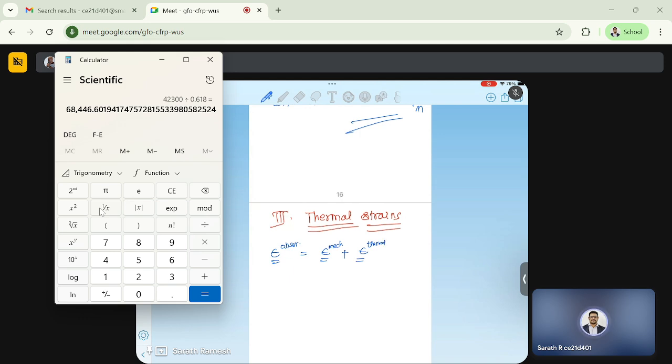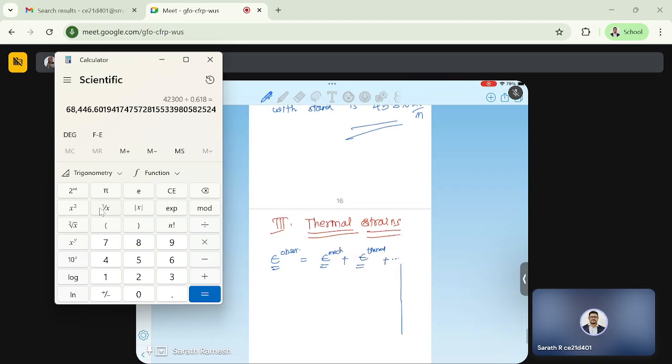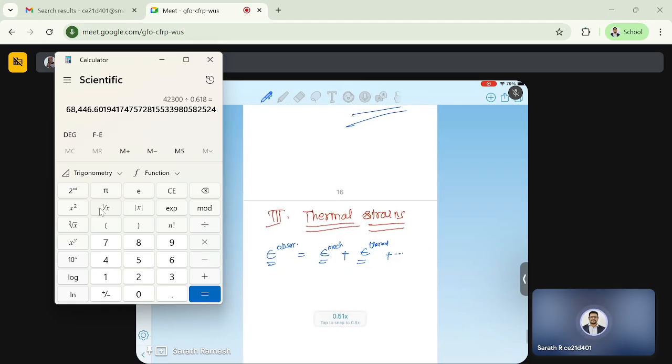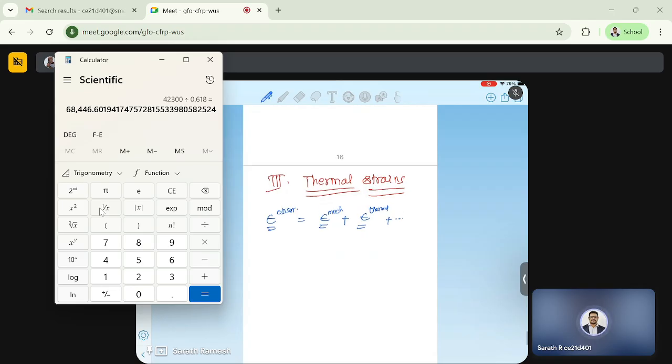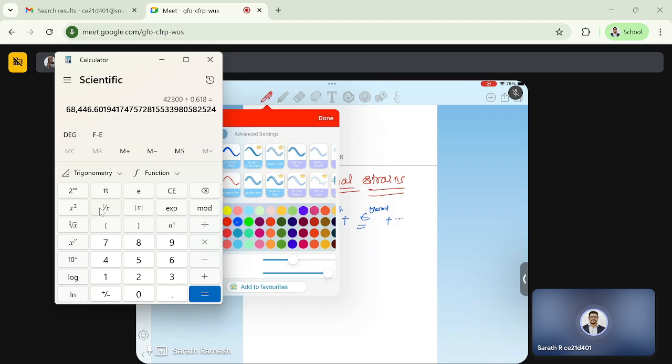And a lot of other strains due to electrical, due to hygroscopic, a lot of other strains can come. But we are majorly focusing on the mechanical strain and the thermal strain, right? And it's important to note that only mechanical strain enters the constitutive relation.